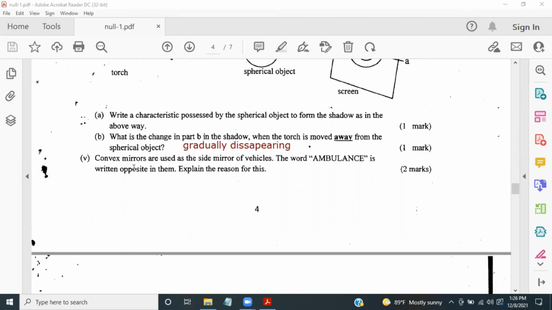Convex mirrors are used as the side mirrors of vehicles. The word ambulance is written opposite in them. Explain the reason for this.